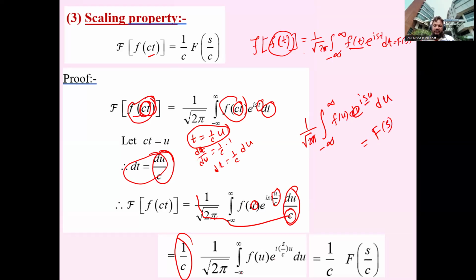So if it is s, we can write f of s. But if it is s by c, we can write f of s by c. That's why you write here the value of this integral as f of s by c. Okay, so it is proved here.